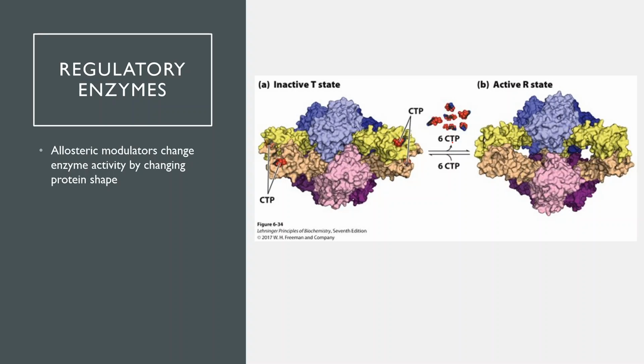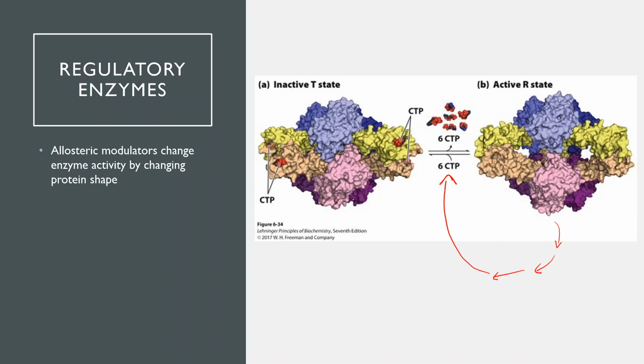CTP is cytosine triphosphate. And it turns out that this enzyme, even though it doesn't make CTP and doesn't react with CTP, has binding sites for it. So CTP actually is a negative modulator. This enzyme produces several other downstream products, and then one of those downstream products eventually gets converted into CTP.